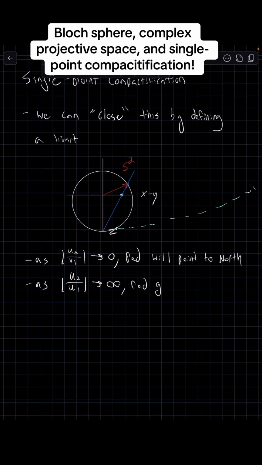R approaches south, but it's not defined.